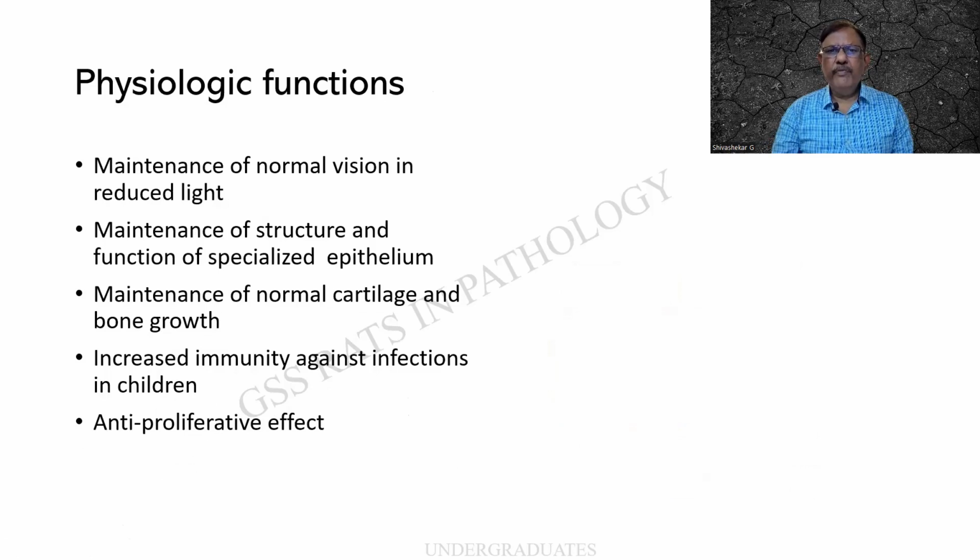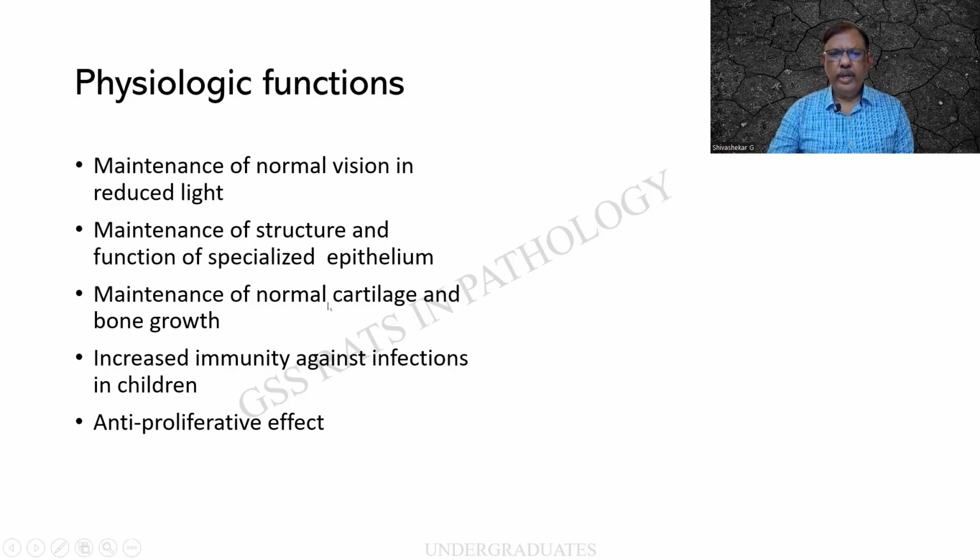Now, what are the physiological functions of vitamin A? This particular list is important and it will place us above others. 1. Maintenance of normal vision in reduced light. 2. Maintenance of the structure and the function of specialized epithelium. 3.